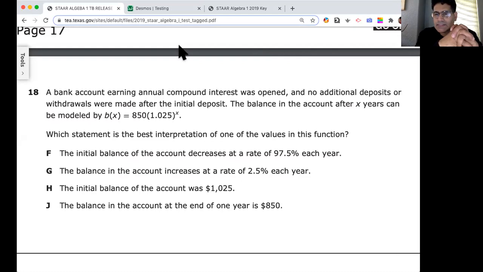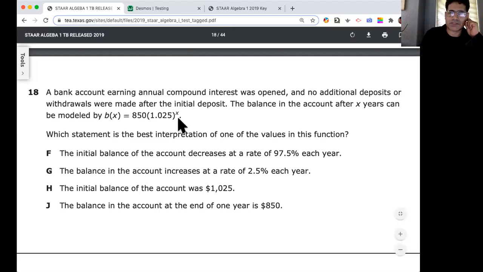The balance in the account after X years can be modeled by B of X equals 850 times 1.025 to the X. Looks like part of the formula for interest. Okay, which statement is the best interpretation?